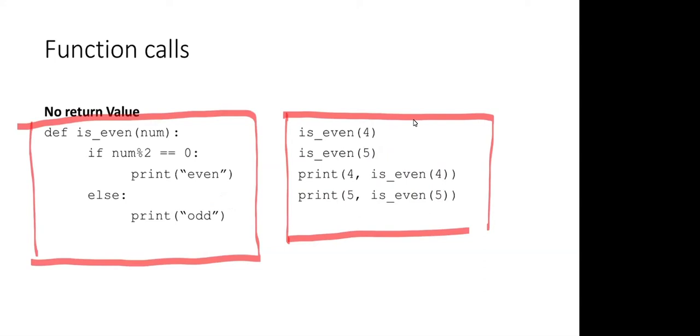If I go ahead and run is even 4, it's going to pass the value 4 into our function.